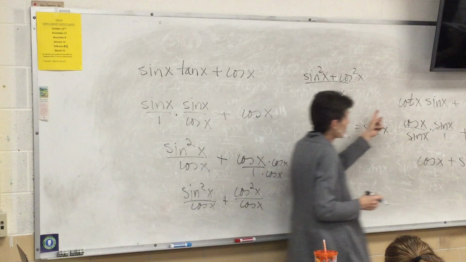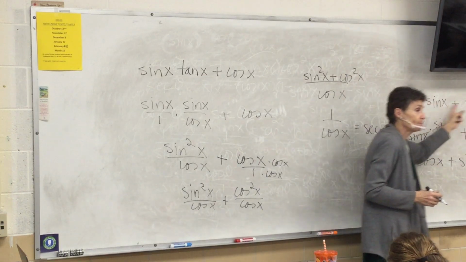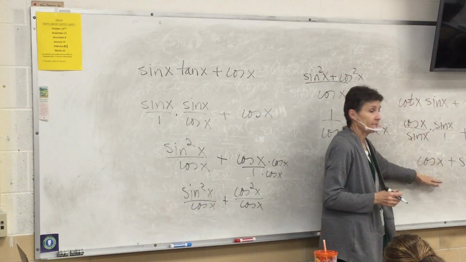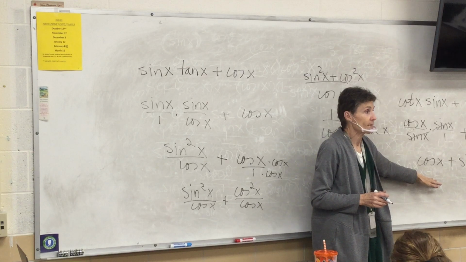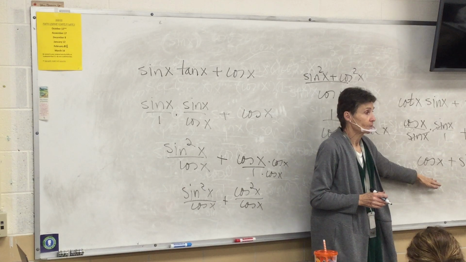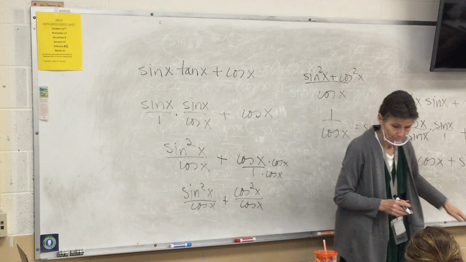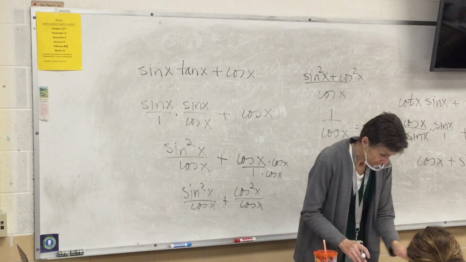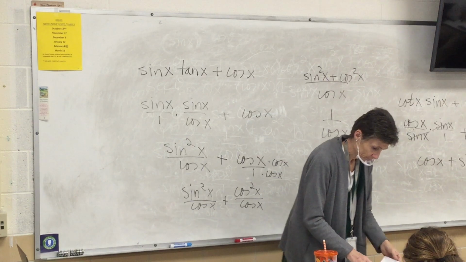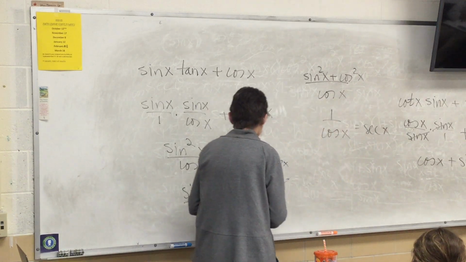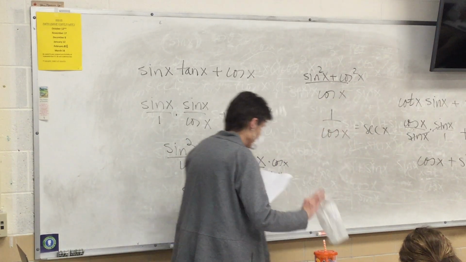So look at what you started with though, that's a mess. And you boiled it down and it just turns out to be sine plus cosine. That wasn't too hard. Number 9.